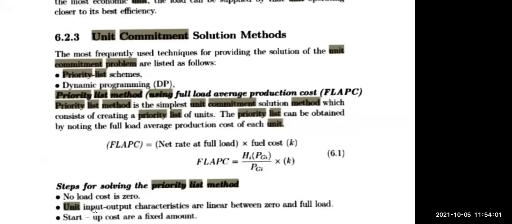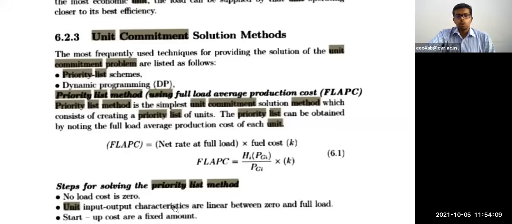The next assumption is that unit input output characteristics are linear between zero and full load. Already we have seen the input output characteristics, the fuel cost characteristics.